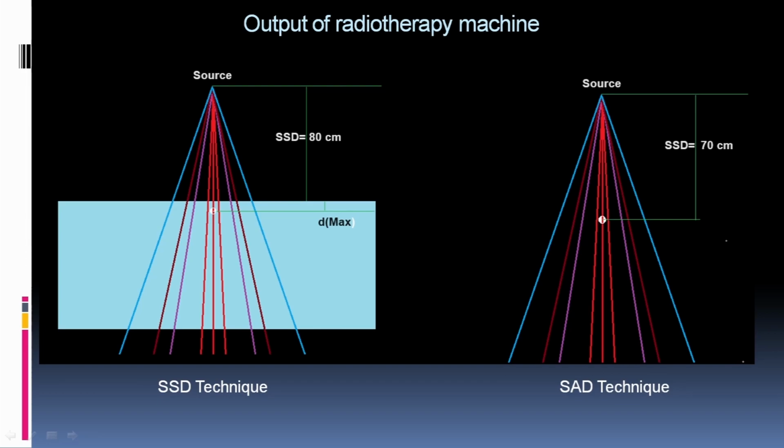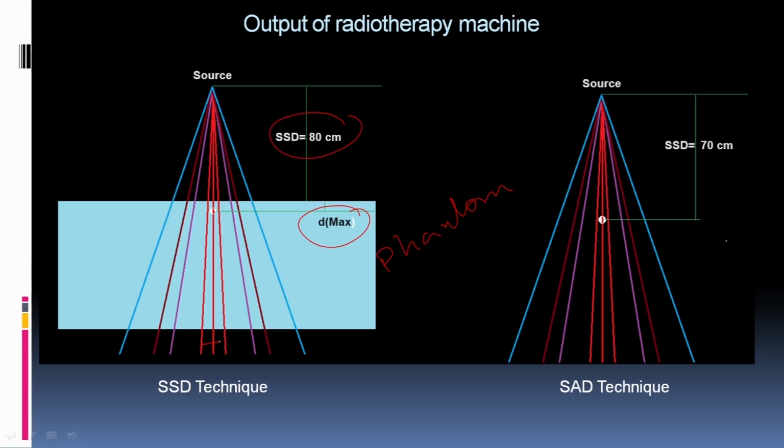Here we have to make this type of situation. We have to keep this SSD at 80 centimeter, and we have to measure the dose at Dmax. We have to measure the dose at the depth of Dmax in the phantom, and you can see these are the different field sizes.